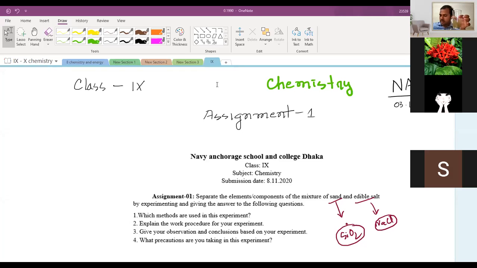This is the mixture of sand and salt in water. Now our target is to separate it, so that the sand is separate and the salt is separate. Here all of the salt is already dissolved in water, but the sand is not dissolved.